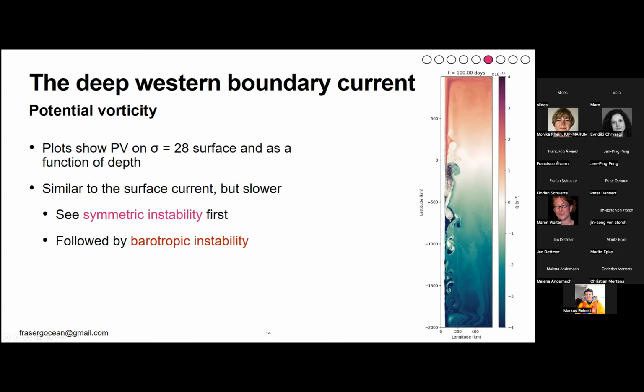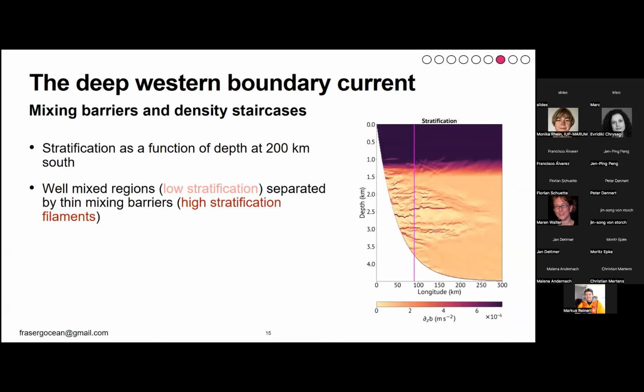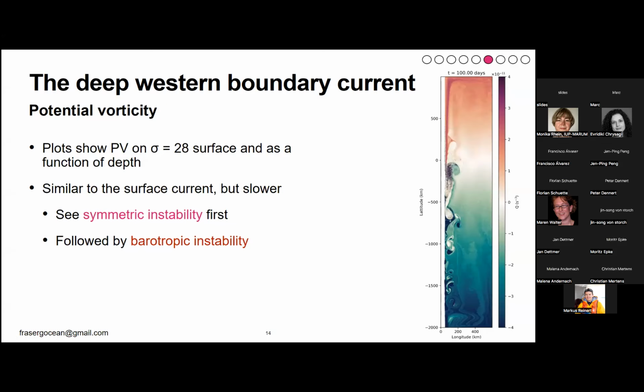So this should show us a really nice video, and in it we should be able to see the excitement of the symmetric instability first, and then the eddies being spun up afterwards. It should look quite nice, but it's not wanting to play for us. This is slightly different to the surface current.